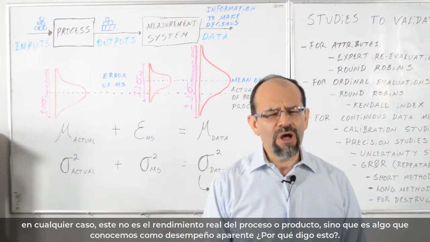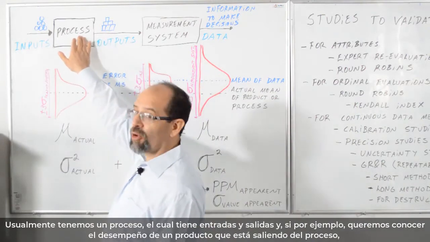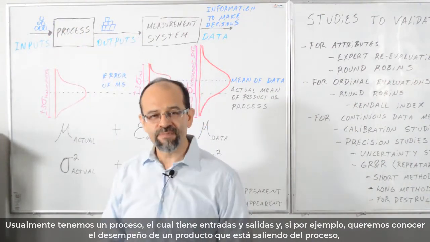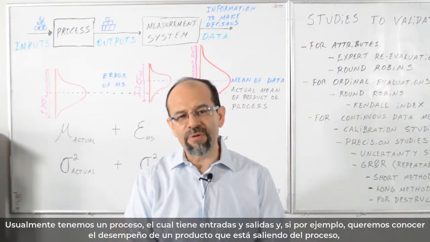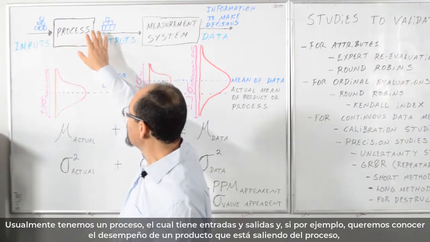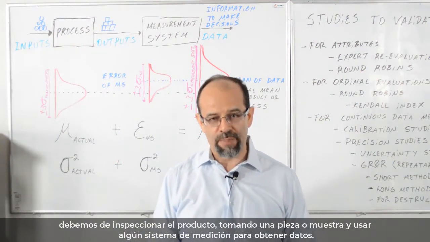Why is that? Well, let me explain that with this one. Usually we are having in a process inputs and we are having outputs of the process. For instance, if we want to know the performance of the product that is going out from the process, well, what we have to do is to inspect or measure the product.